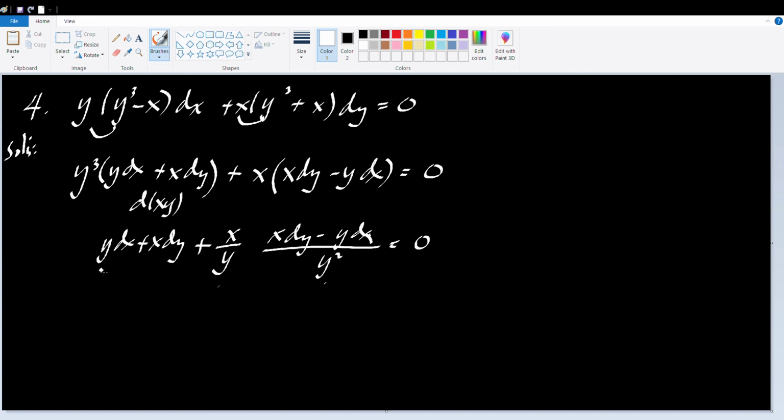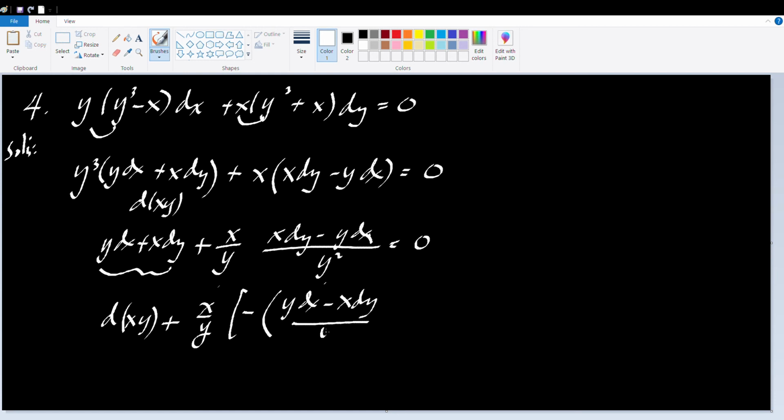So the first two terms are the exact differential of xy plus x over y. But what is this one? This is the exact differential of negative... We can transform this into negative y dx minus x dy over y squared.